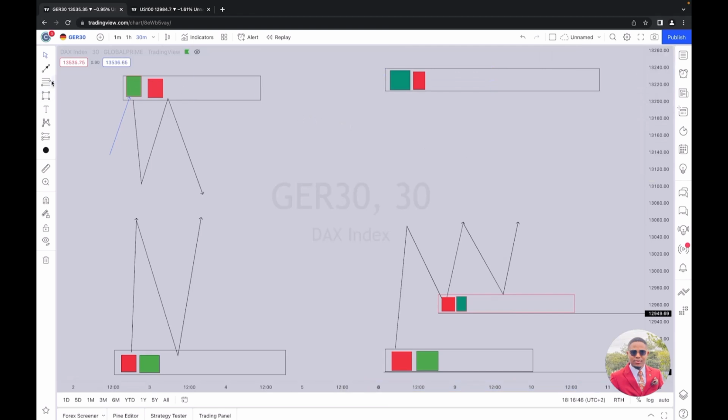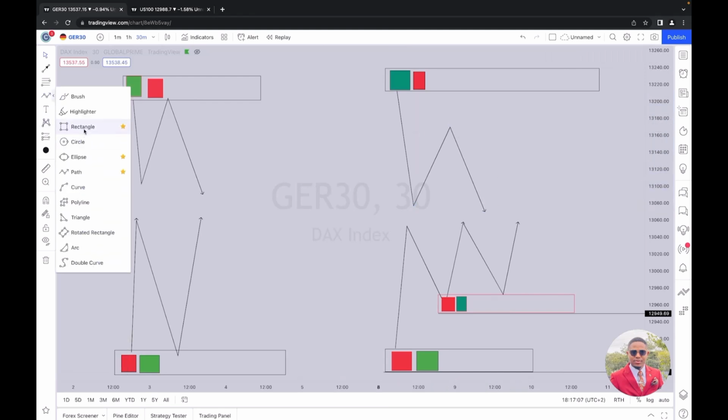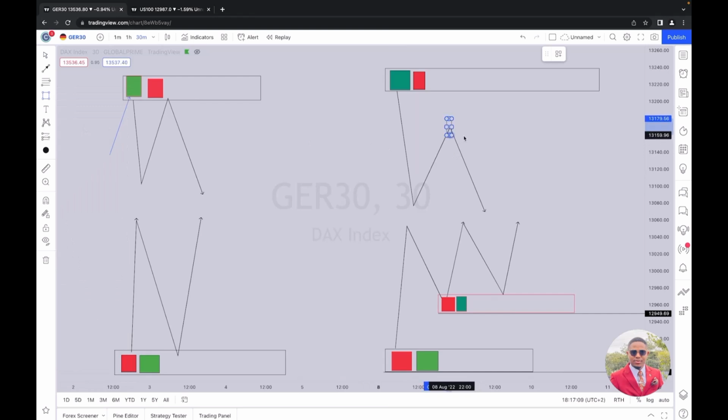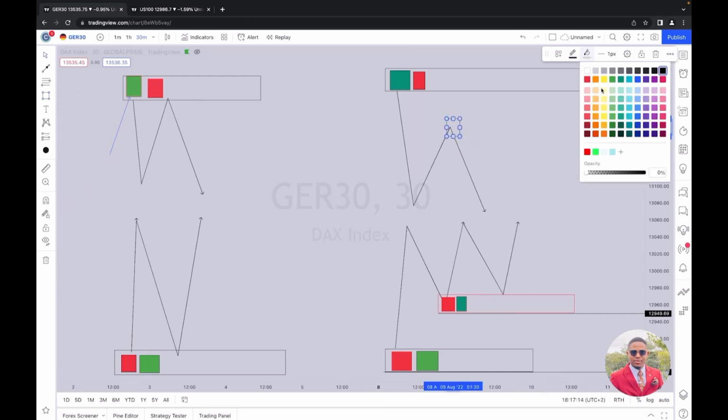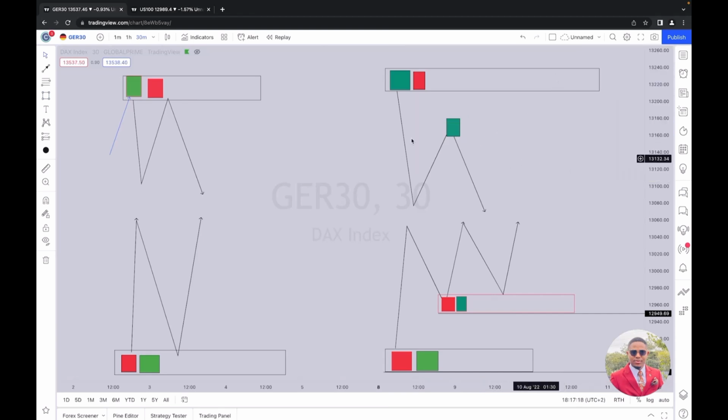The same concept that I just taught you here. Price is going to come here. Then if it does not reach here, if it decides to come here, then falls again here like this, what you're going to do is draw your OB right here like this.